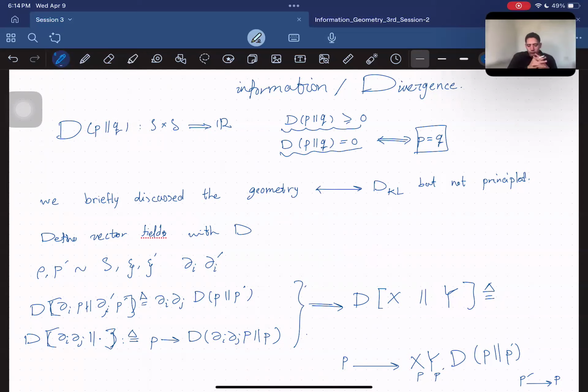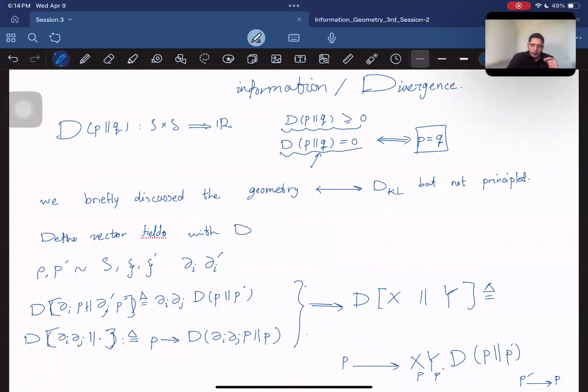This is what we want from a divergence. And also, we want it to be strictly convex on this diagonal. We will talk about this later.